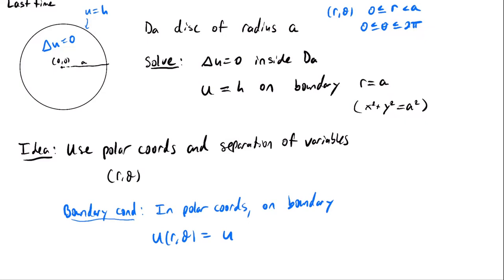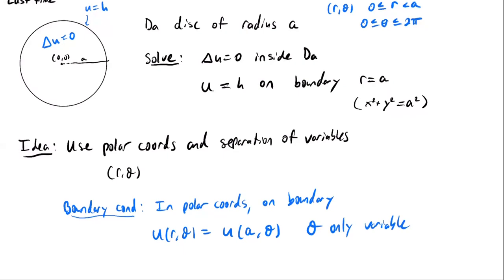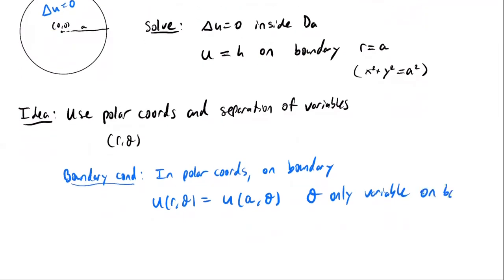For example, you can view a as equal to 1, or a as 2. The boundary is exactly where the radius has been fixed to whatever this number is, and so the only variable is theta. In particular, we can parameterize the boundary using the angle theta and view functions on the boundary as functions of theta. So we can view the function h that was given to us as just a function of theta.